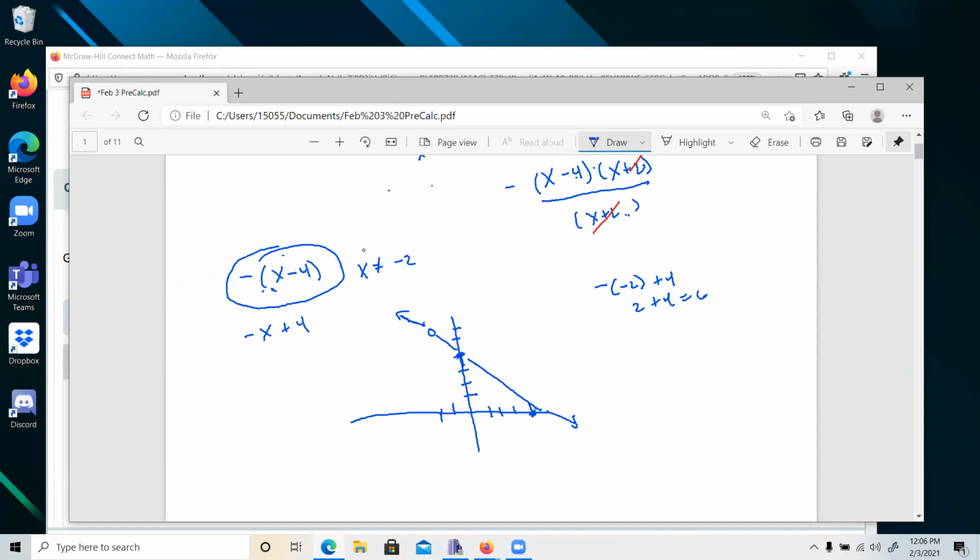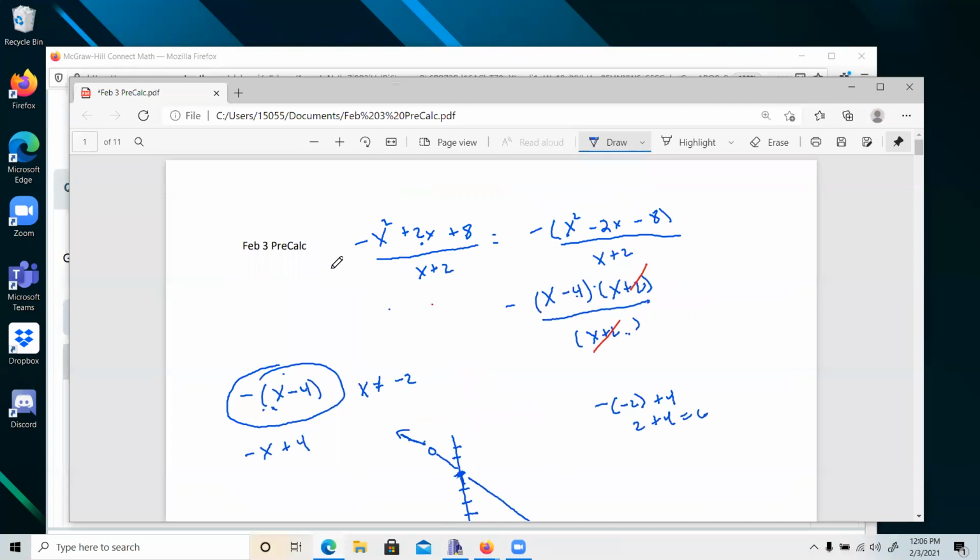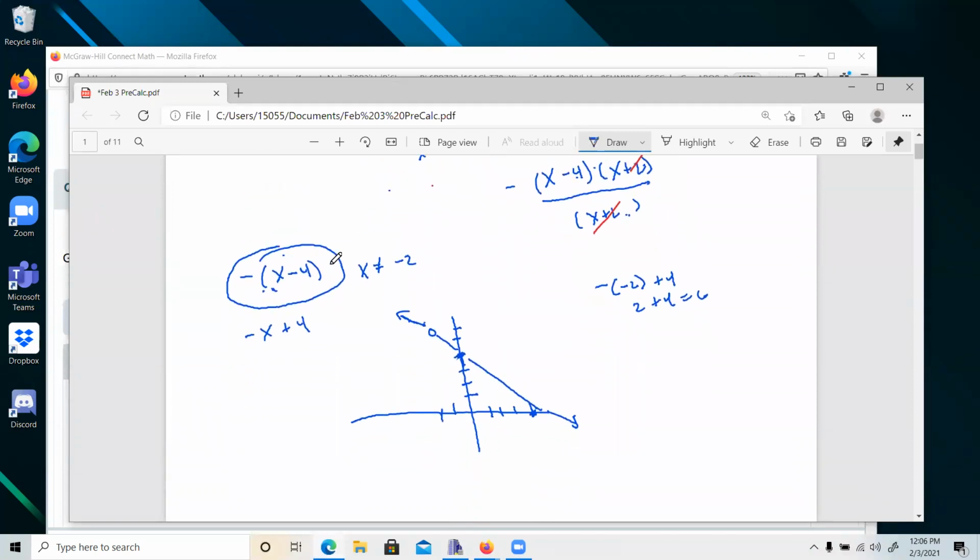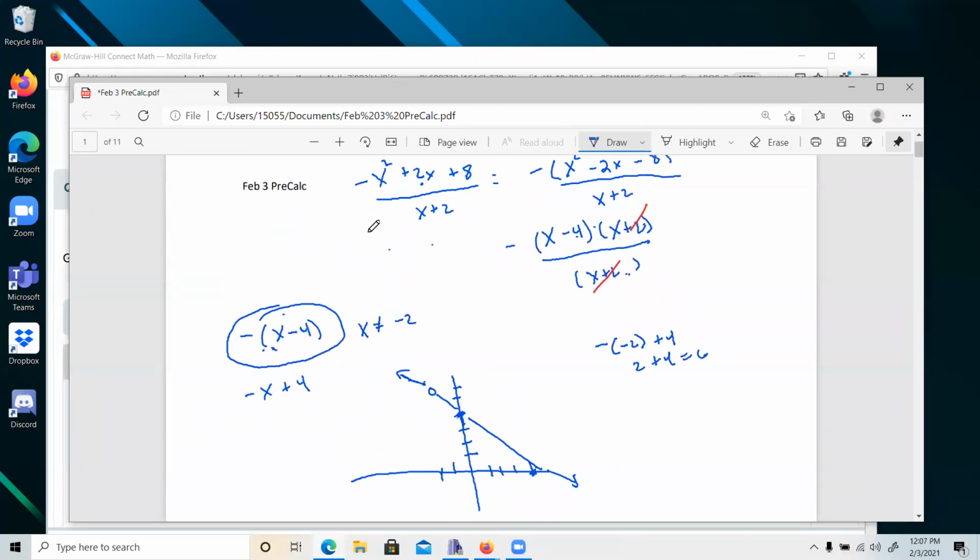All right. So I'm not going back. I'm not finding asymptotes. We are not finding horizontal asymptotes. We're not doing any of the rational stuff. Since we got some stuff to reduce and it turned into a line once we reduced it, we're using all of the tools that we have to graph lines, not the tools we have to graph rational functions. This is what happens when you cancel.